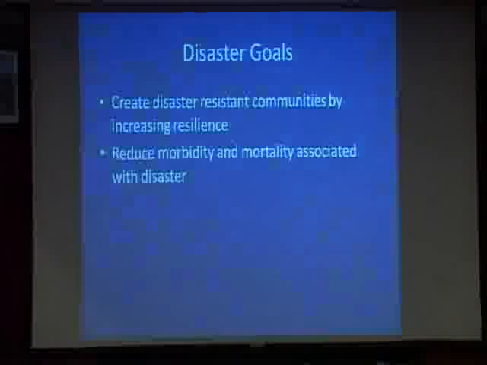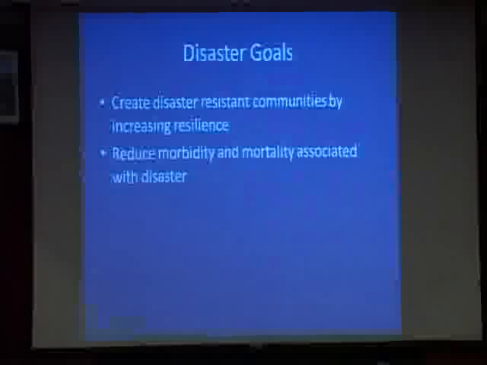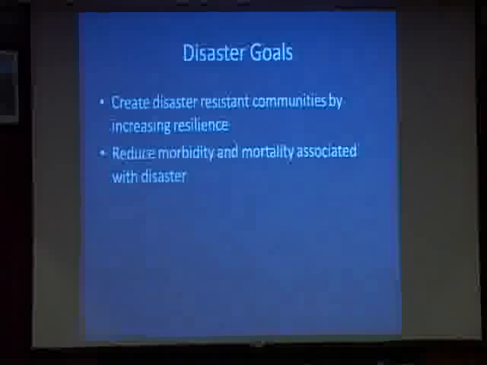If we all have that as a goal, I think our emphasis and our actions would probably be pretty different. We also want to reduce morbidity and mortality associated with disasters, don't we? That's where we can have the biggest change, the biggest impact.